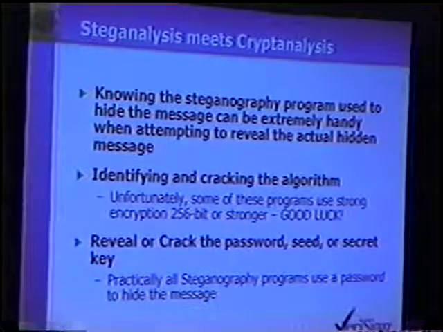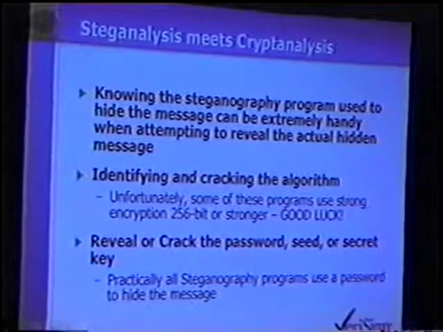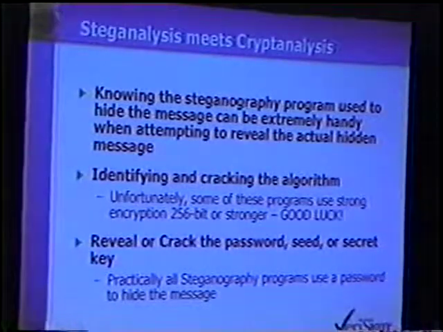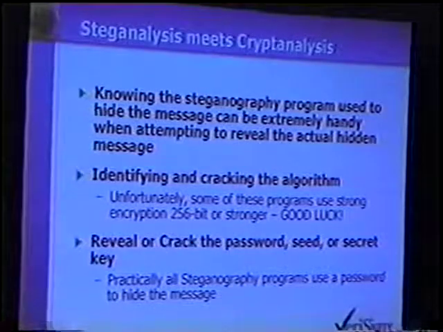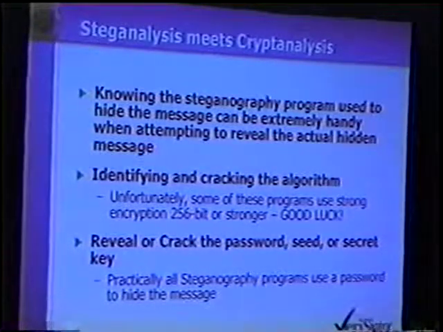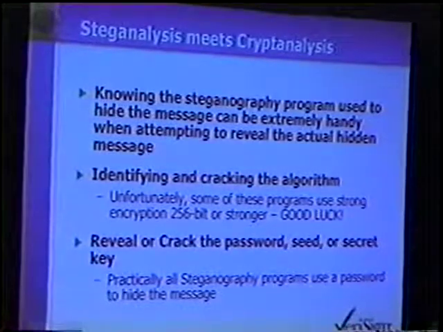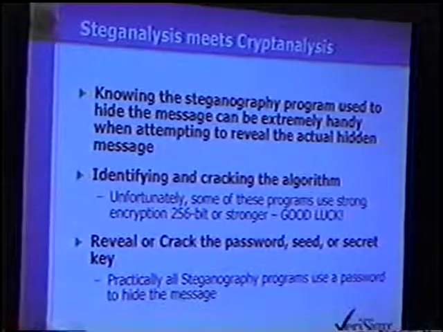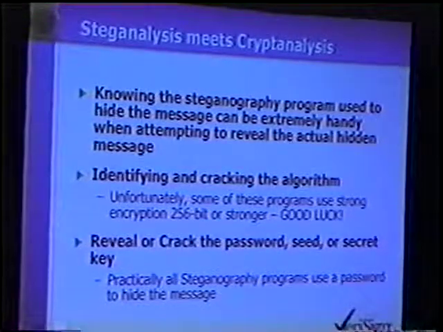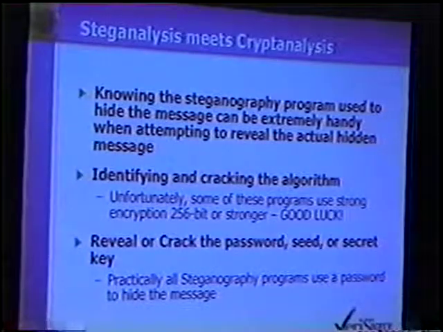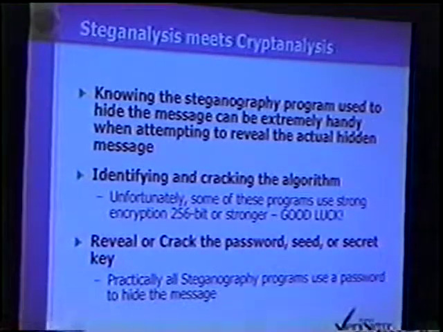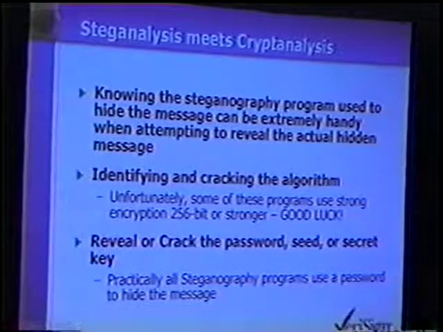Well, knowing the steganography program used to hide the message, we can use some common techniques to try to reveal the message. Maybe the password used to hide the message is the same as the operating system password. And if that's the case, maybe you can use John the Ripper or LophtCrack or LC4 or Crypt or something else to reveal the operating system password and then use that password with the steganography program to reveal the hidden message.